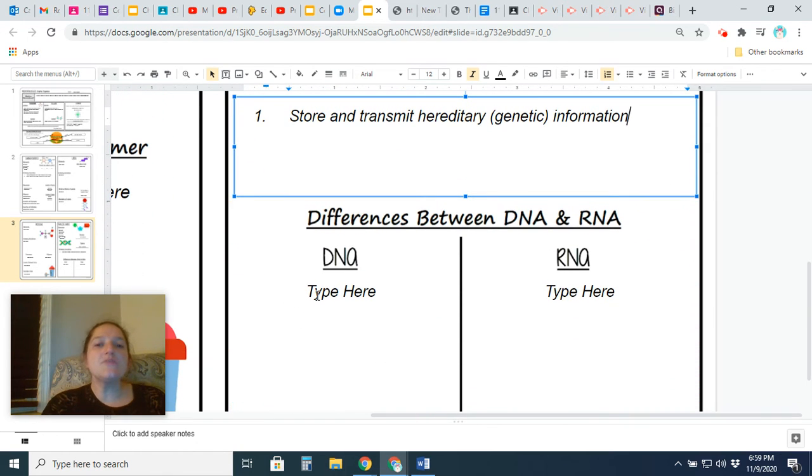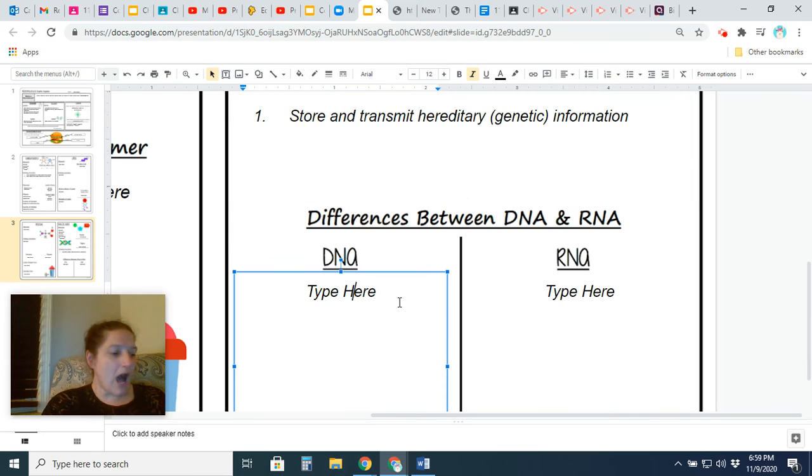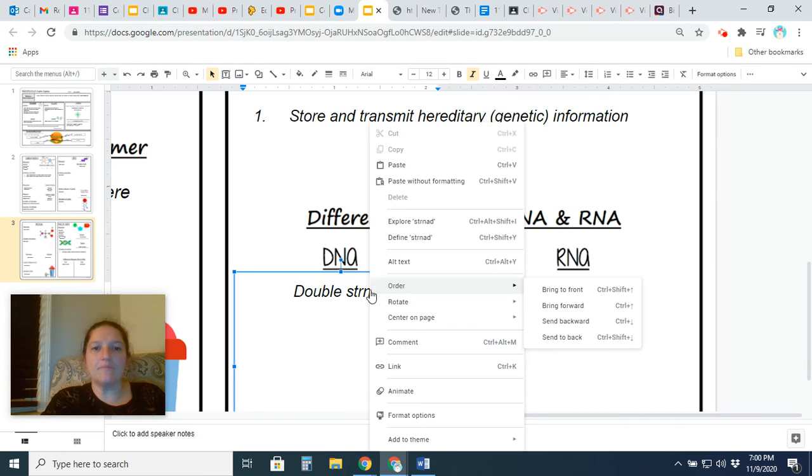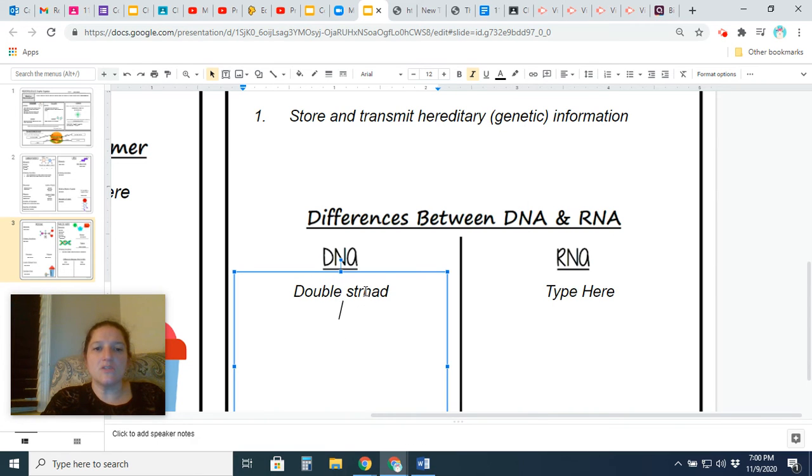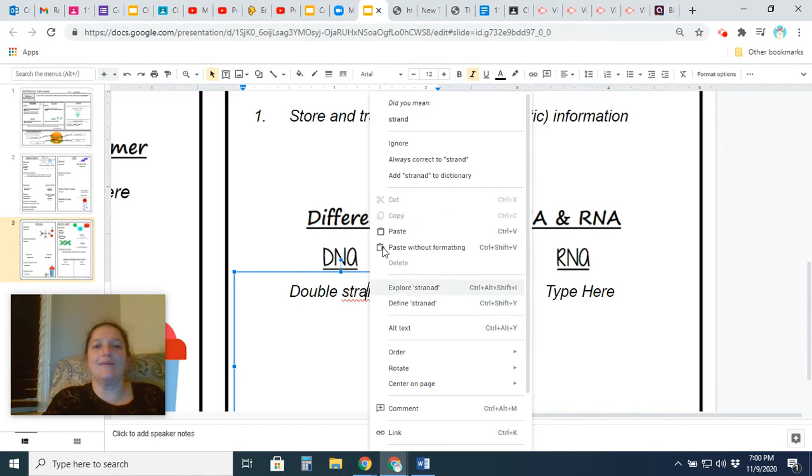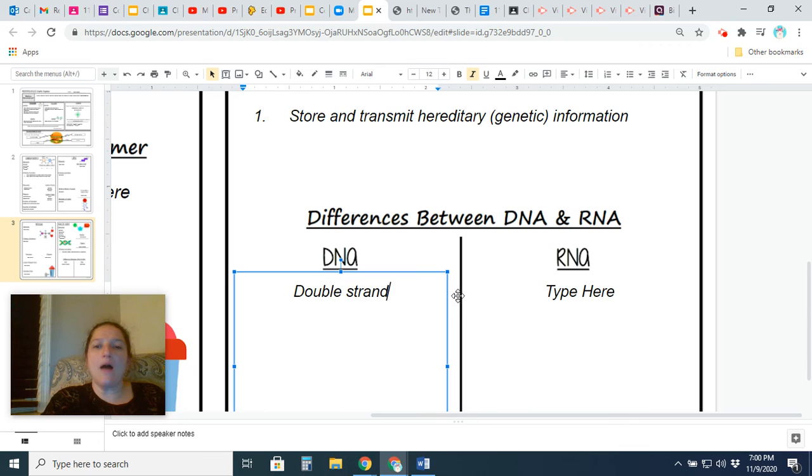All right, so what are the differences between DNA and RNA? DNA is a double strand. It looks kind of like a twisted ladder. Strand, strand.